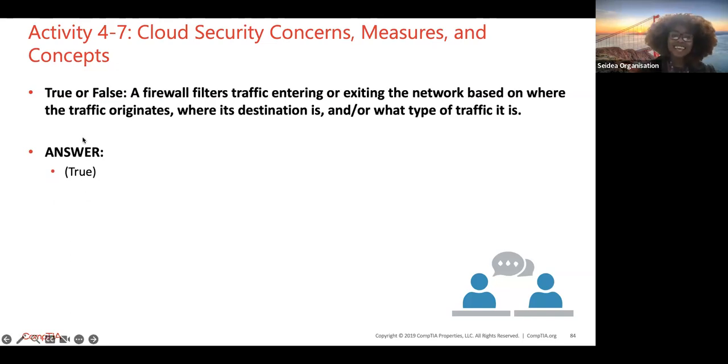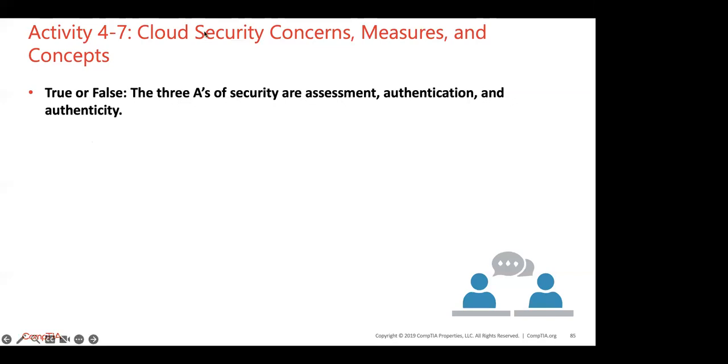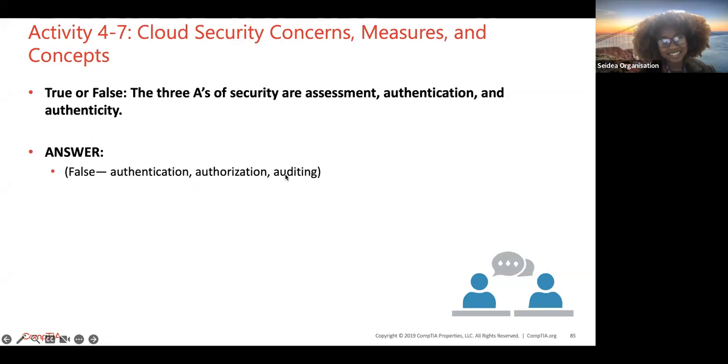Congratulations, guys. The next one is: the 3 A's are assessment, authentication, and authenticity. Is that true or false? Susie says false. False, there's no assessment. It's authentication, authorization, and auditing.